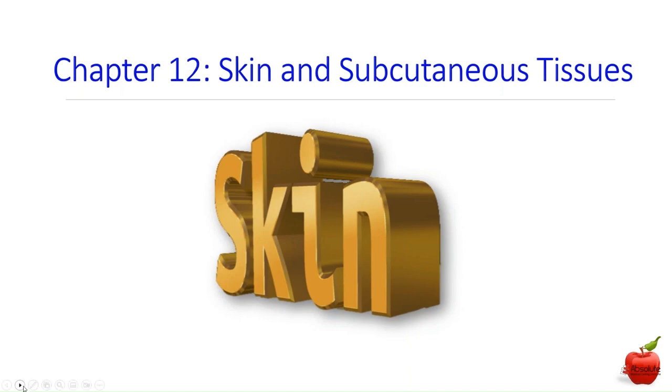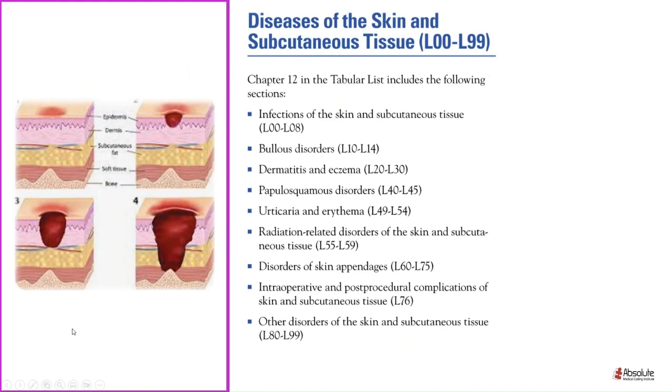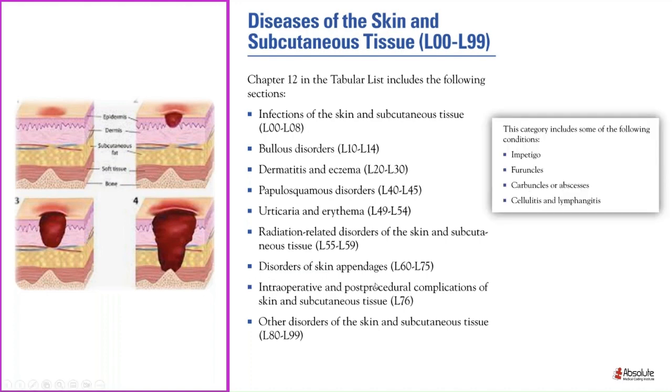And there are various things that can go awry with the skin. So I always tell you, take a look at what is in each of these chapters. So we have diseases of the skin and subcutaneous tissue, which takes us through L00 through L99, and you have various things in there, infections of the skin, bullous disorders, dermatitis, and eczema.